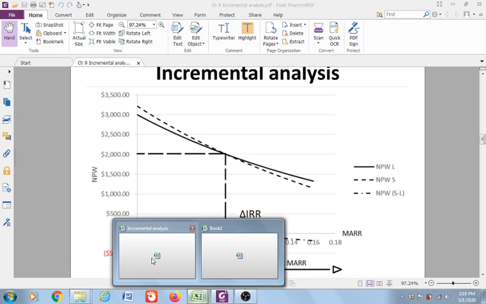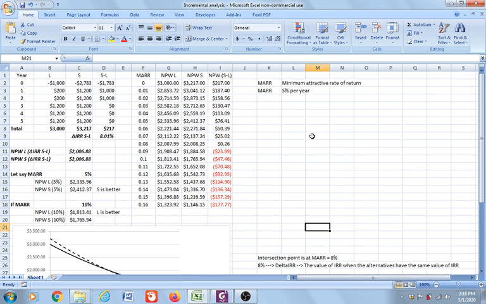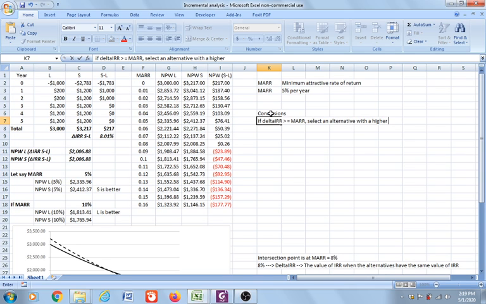If we come back, S has a higher total, because if you compare the total of the cash flow of S with the total of the cash flow of L, the total cash flow of S is bigger than L. So in conclusion, if delta IRR is bigger than or equal to MARR, select the alternative with a higher total.